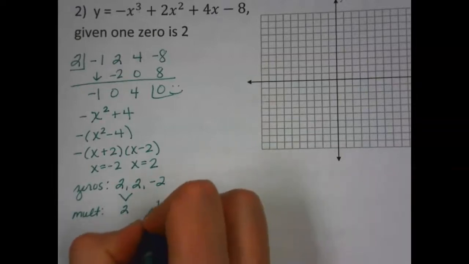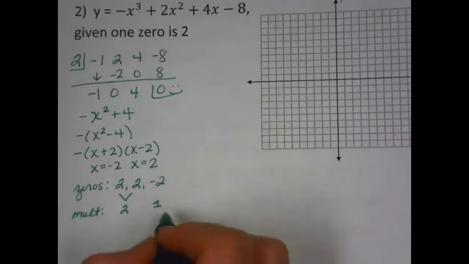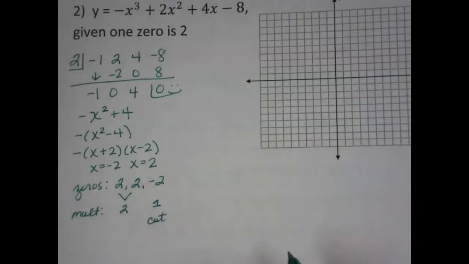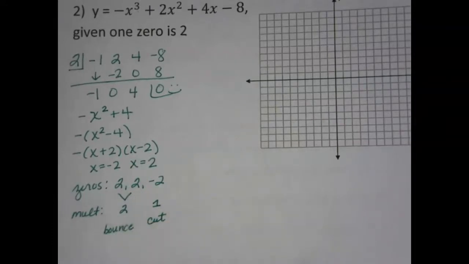Negative 2 has a multiplicity of 1. It only showed up once. So we talked earlier about when it's an odd multiplicity, it cuts through the x-axis, versus an even multiplicity, it's going to bounce off the x-axis.